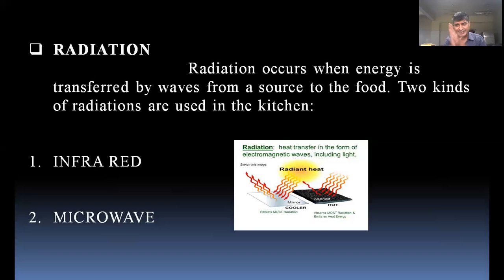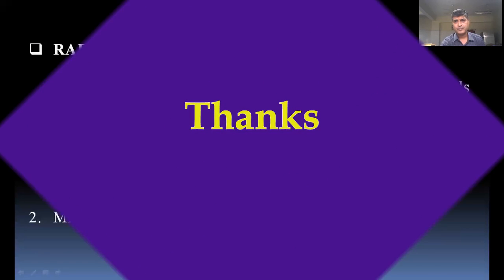With rapid agitation of those water molecules, heat is generated, and the food gets heated up. So these are the two ways radiation occurs, and how food is cooked by infrared and microwave cooking.